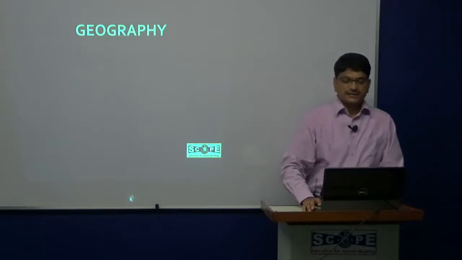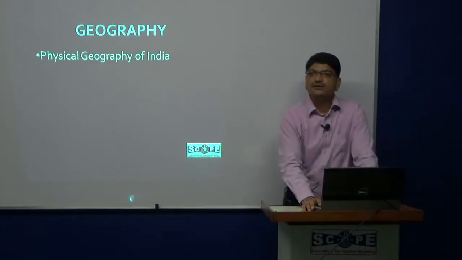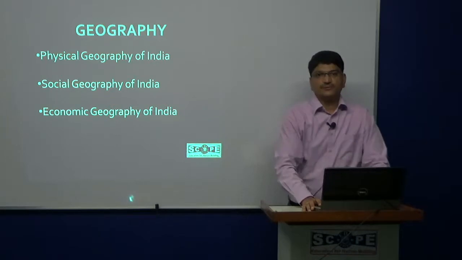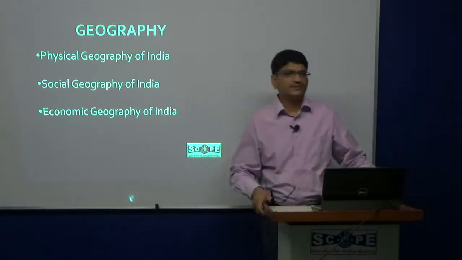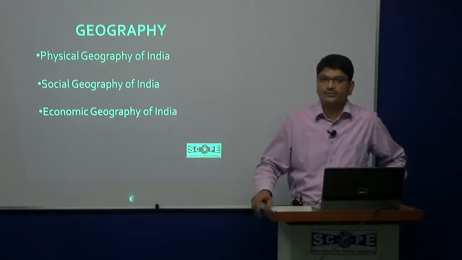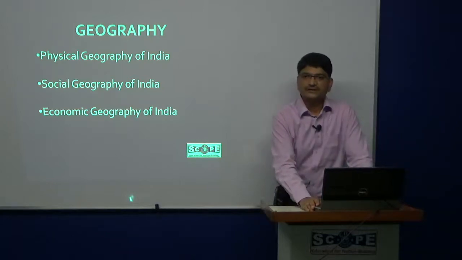Then the second prominent portion is geography, which includes physical geography of India, social geography of India and economic geography of India. In physical geography of India, you can take many concepts involving climate, ocean, landform, water bodies and so on. Then social geography of India, for example, demographics.